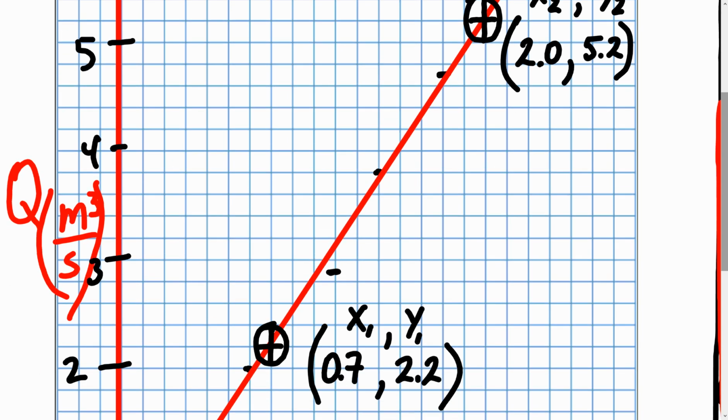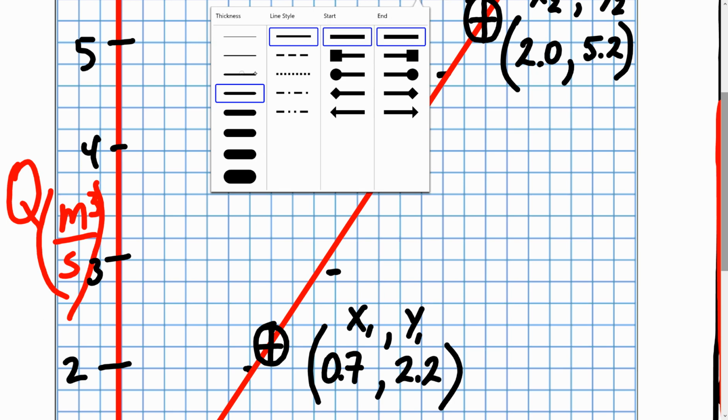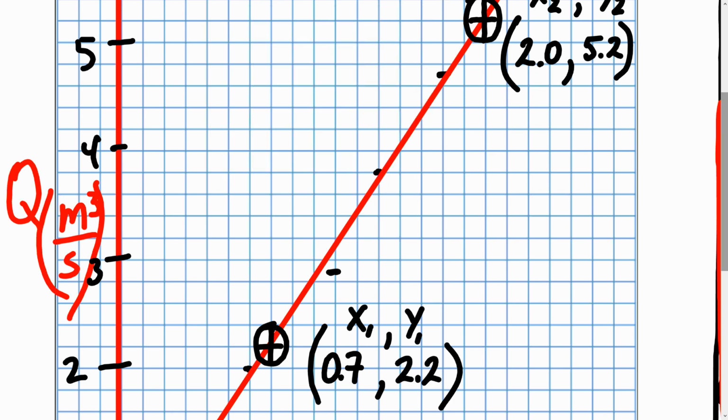Now that I've got my data, the next thing I can do is calculate my slope. I'm going to change my pen size just a little to make sure this fits. To find slope, slope is equal to, most of us call it rise over run, correct? Or rise is our change in y over my change in x. Or I can call it y2 minus y1 over x2 minus x1.